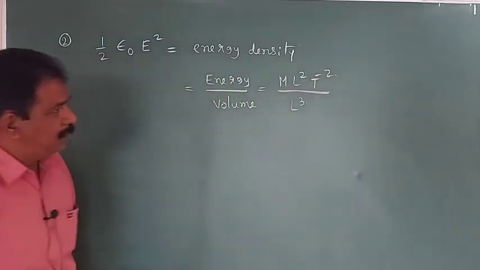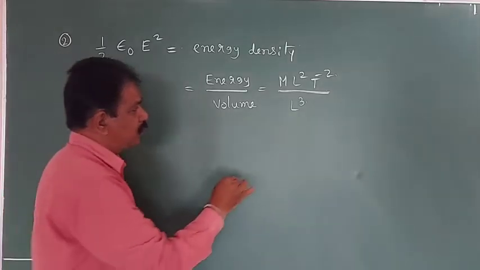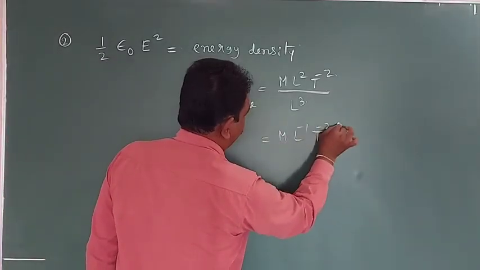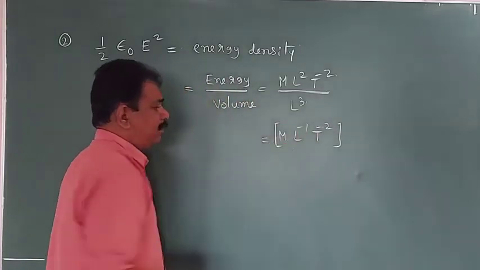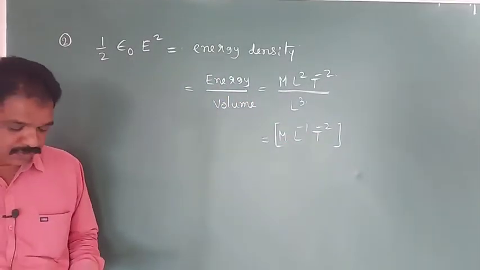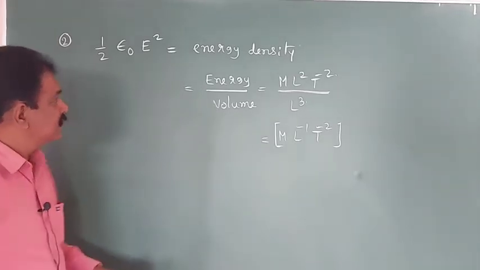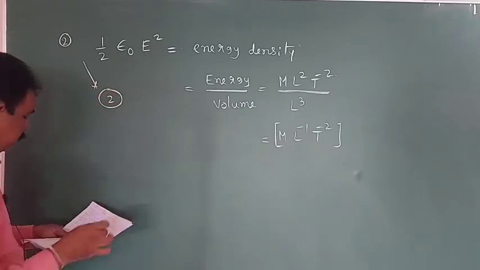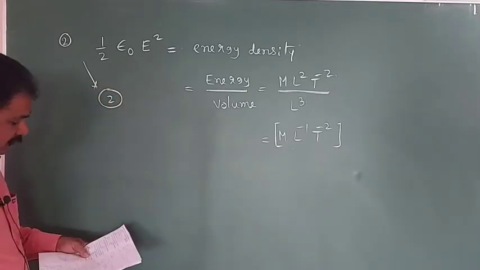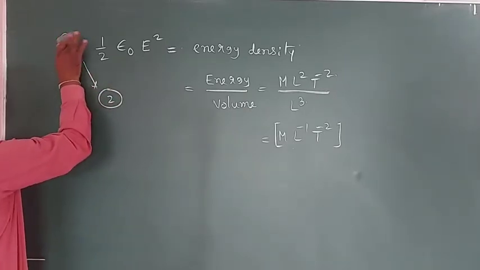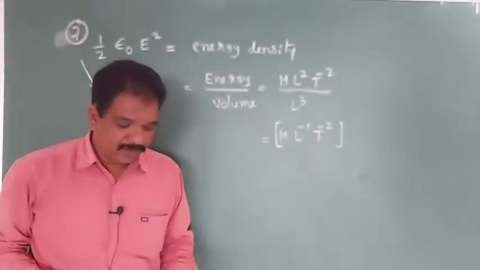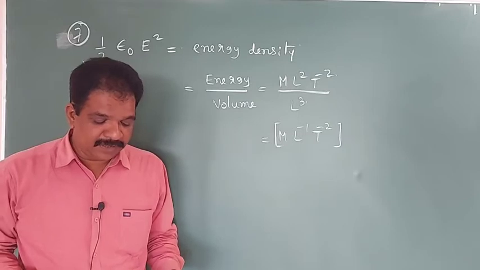Volume value will be L cube. So this value is M L power minus 1 T power minus 2. So the second option. This is the 7th question, and the second option will be the answer.